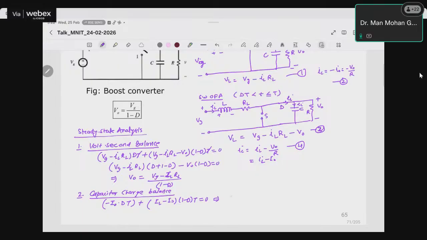Because I naught is on both sides, T will cancel out anyway. So minus I naught I can take common. So it gives d plus 1 minus d plus IL (1 minus d) equal to 0. So this term becomes 1, and I naught is equal to IL (1 minus d). Right? So from here, the value of IL comes out to be V naught upon R into (1 minus d).